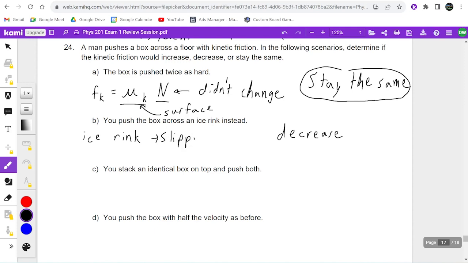That's the right word. Slippier. I guess slippier. Slippery. And it's more slippery. We're going to go with more slippery today. And because it's more slippery, mu k went down, decreased, which means friction decreased.